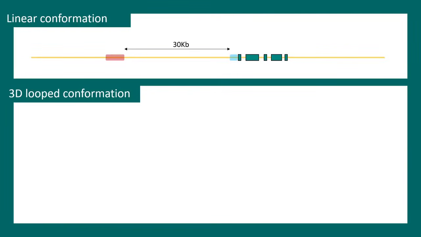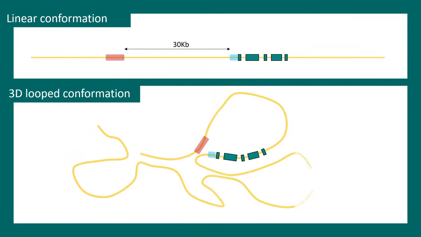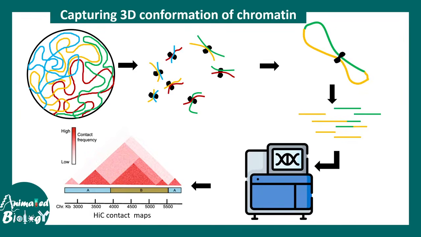Let's say a particular region is linearly far away from a gene promoter, let's say 30 kilobase pairs far. But these distantly located regions can come closer if a loop is formed. Generally, an enhancer-promoter loop is formed where RNA polymerase can be recruited, and specialized transcription factors can be recruited into the enhancer region, and it can bring out the transcription in a much stronger fashion.